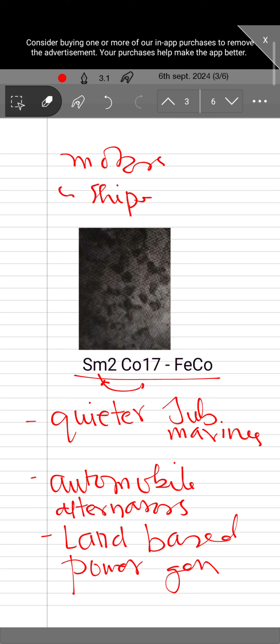And ultra-sensitive analytical instruments, like in MRI imaging, where these materials are used.